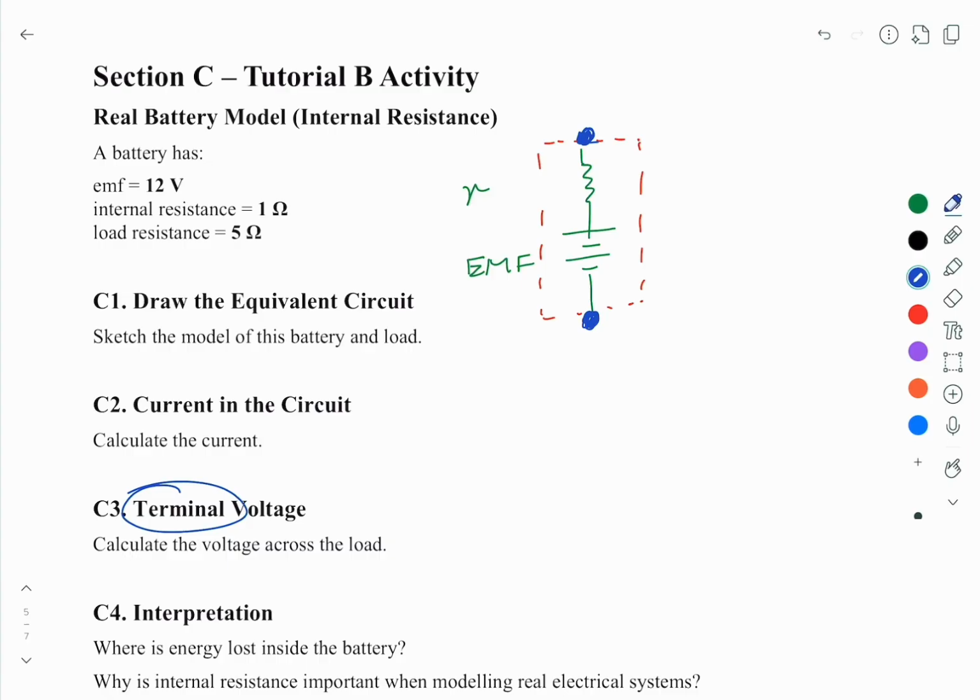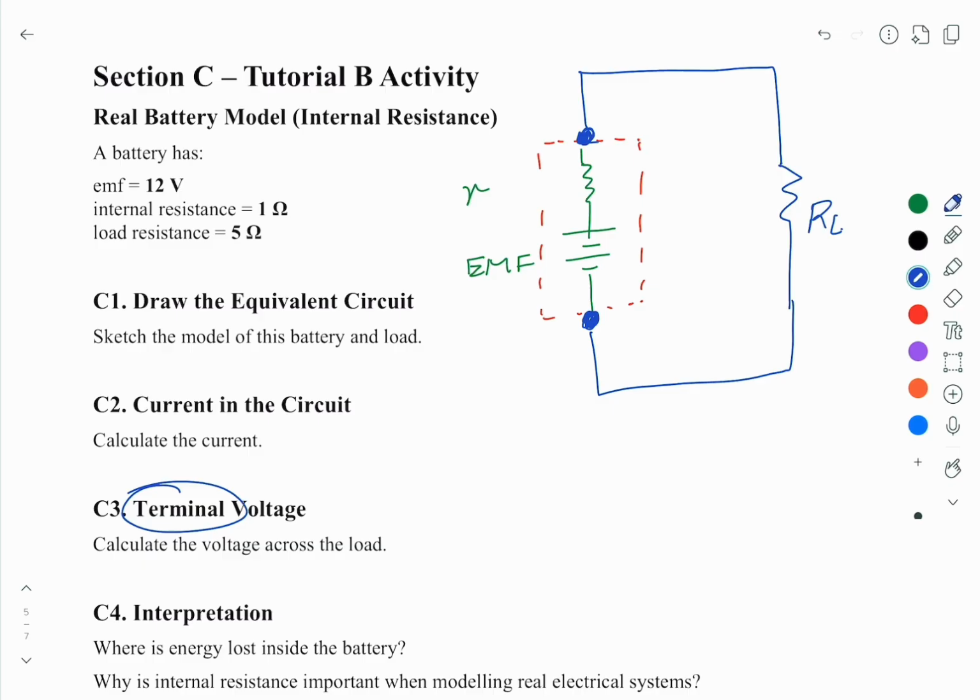Now, when you connect a load RL to the battery, this is what happens. So now you can see this will behave like a potential divider.